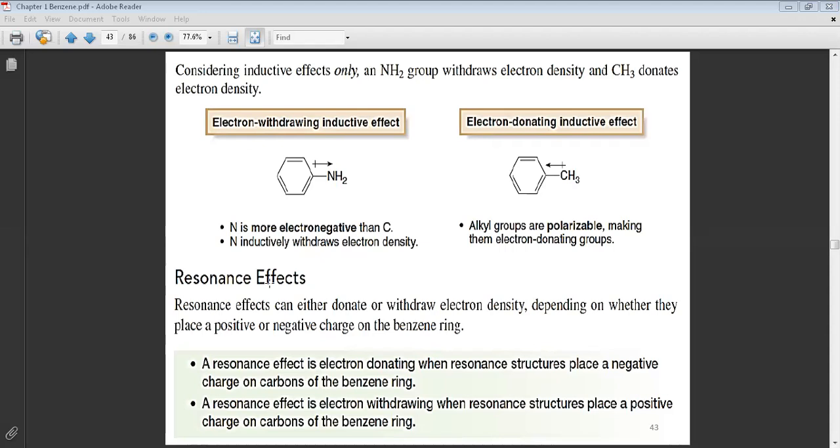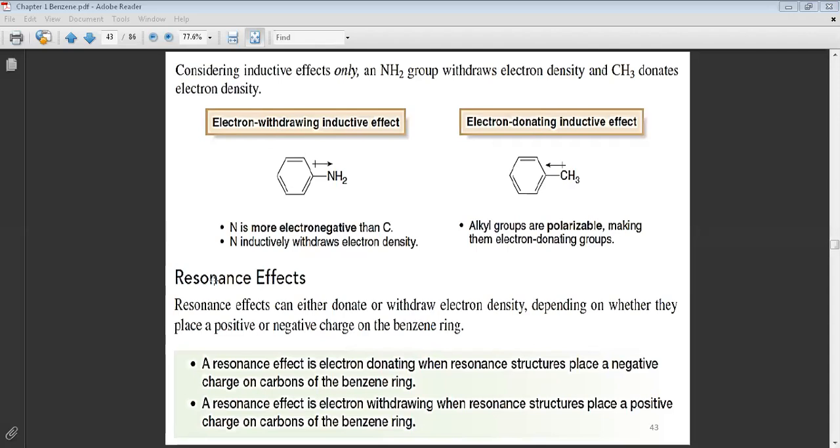Why not an isomer? Because the connectivity of the atoms is the same. For example, we have carbon, nitrogen, carbon, carbon, and it remains carbon, nitrogen, carbon, carbon. The difference is just the position of the double bond and the positive or negative charge. Okay, this is the difference.